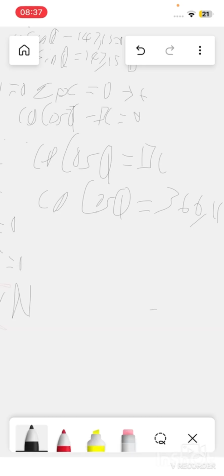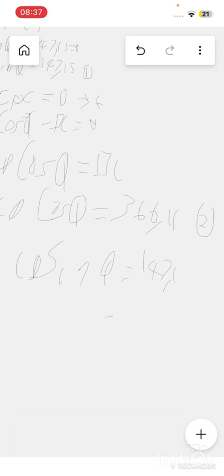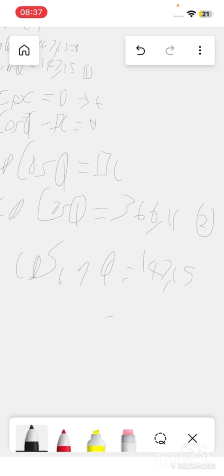Okay, we have CD sin theta and CD cos theta. Let's equate them. CD sin theta is equal to 147.15, right?